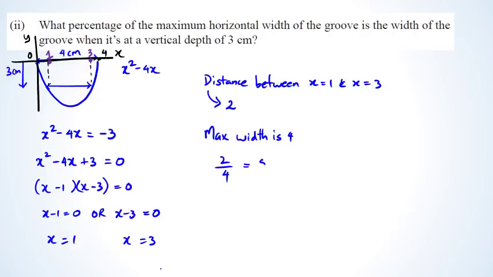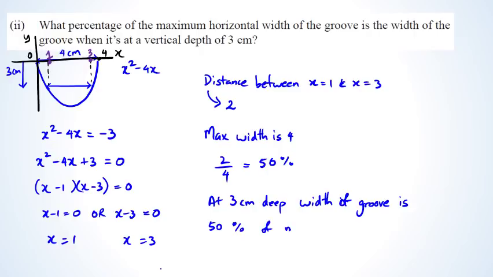So 2 over 4 is equal to 50%. So we can say at 3 centimeters deep, the width of the groove is 50% of the max width.